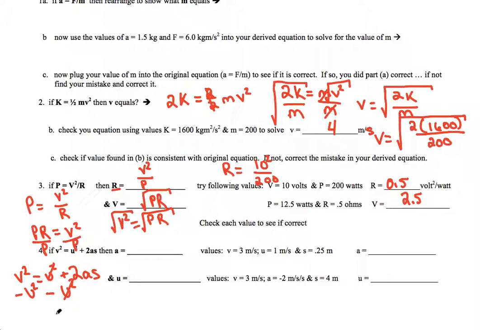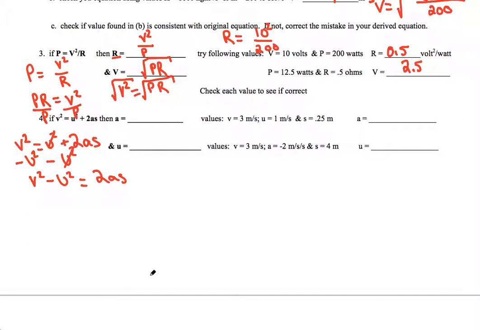U squared minus u squared is 0, so that cancels out. We have v squared minus u squared equals 2as. And then if I want to get a by itself, I could divide by 2s. 2 divided by 2 is 1, and s divided by s is 1. So I get an expression, a equals v squared minus u squared over 2s.